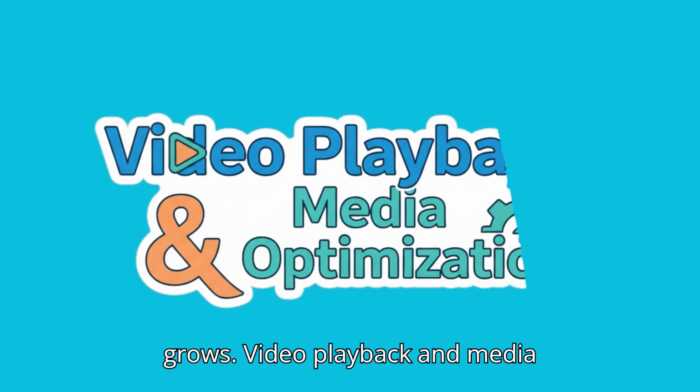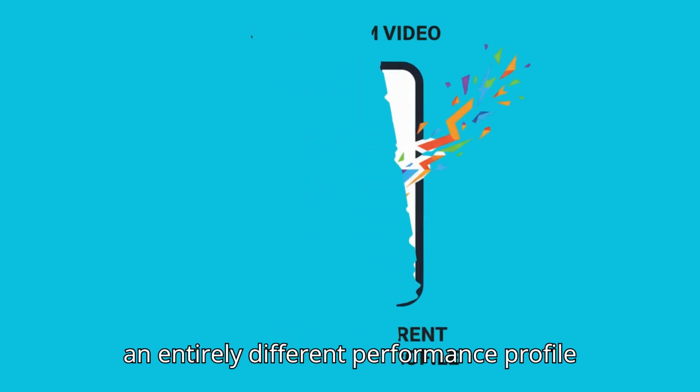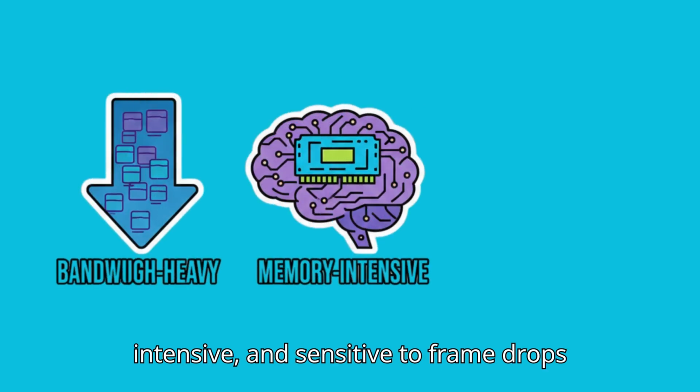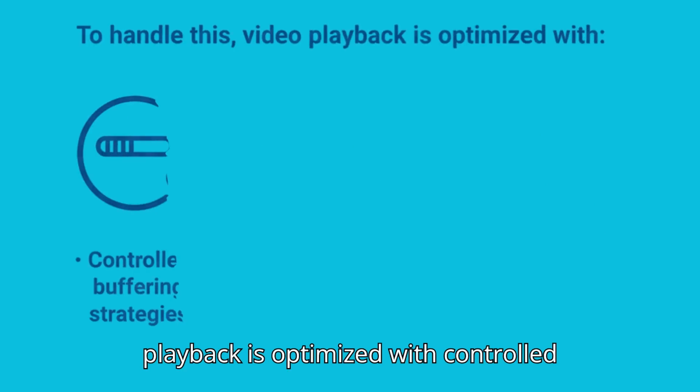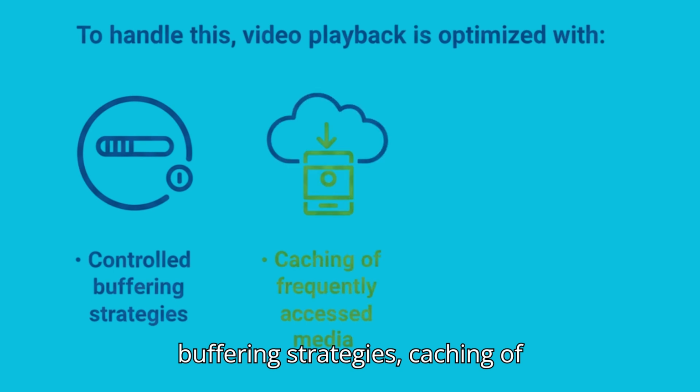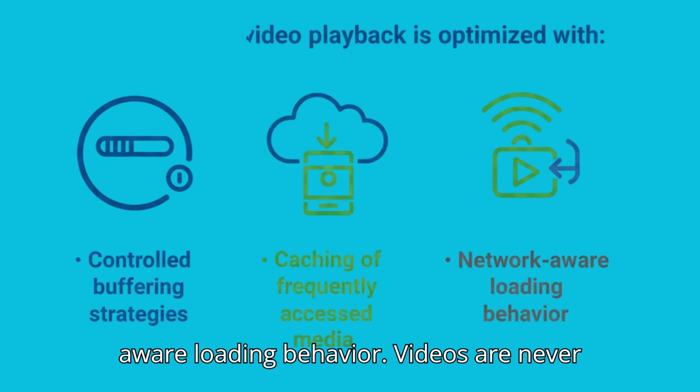Video playback and media optimization. Short-form video introduces an entirely different performance profile. Video is bandwidth-heavy, memory-intensive, and sensitive to frame drops and latency. To handle this, video playback is optimized with controlled buffering strategies, caching of frequently accessed media, and network-aware loading behavior.